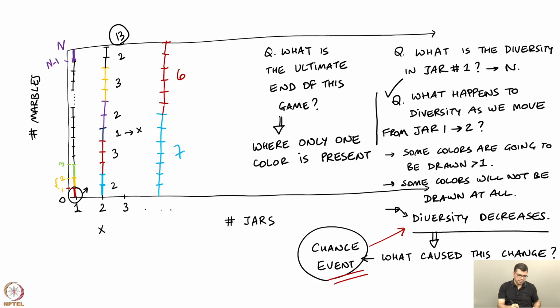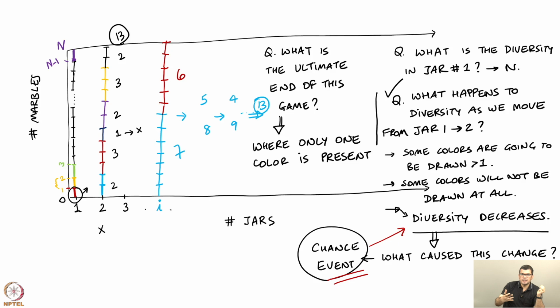Maybe at a future time, at some jar number I, there are only blue and red left. In such a scenario, maybe if we go one step forward, this number becomes 8 and 5, and then we go forward, this becomes 9 and 4, and so on. Gradually, it takes a while, but eventually there may come a time when all 13 are blue.